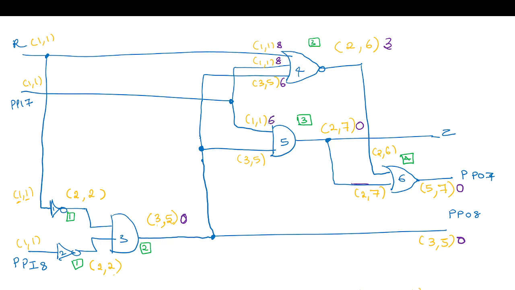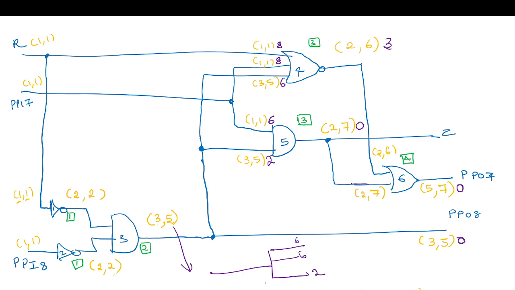For this, the other input should be 0, 1, 1 plus 1, so 2. Here at this fan-out branch, in one place it is 6, and in the other place it is 2.